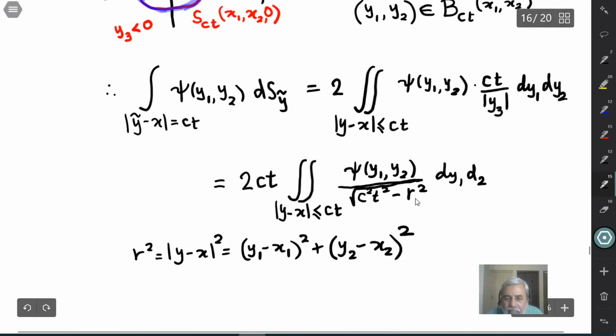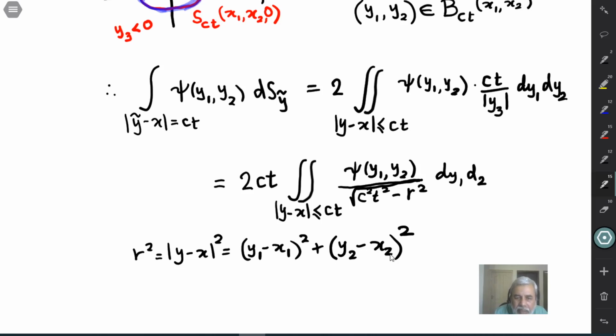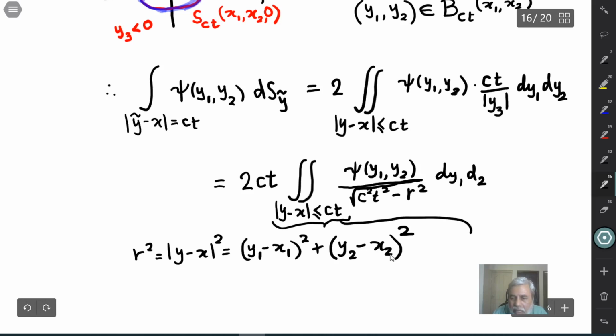So let's write that as r square. So r square is nothing but y minus x square, which is y1 minus x1 square plus y2 minus x2 square. Note that this is just the ball centered at x and radius c. So x is just x1, x2.